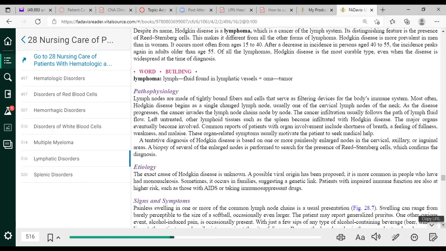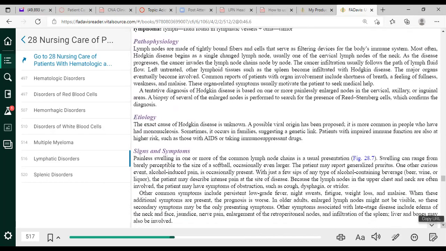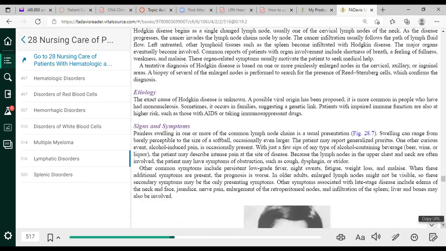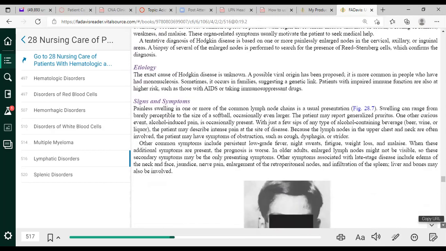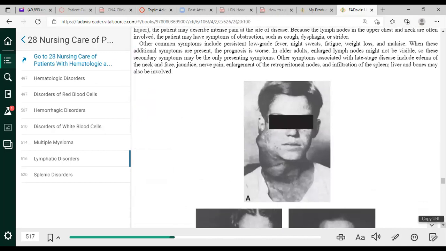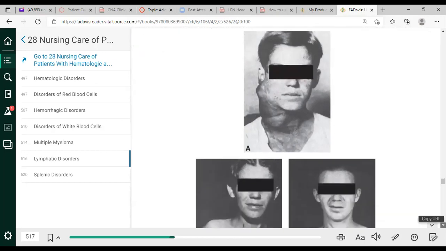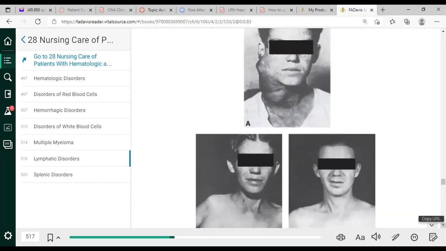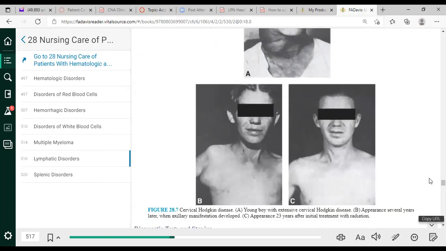the patient with Hodgkin disease has painless swelling in one or more of the common lymph node chains. And you may see something that appears like this for the patient who actually has Hodgkin disease, where they've got that painless swelling in a chain of the lymph nodes. And it's the patient where you can see the patient had radiation.